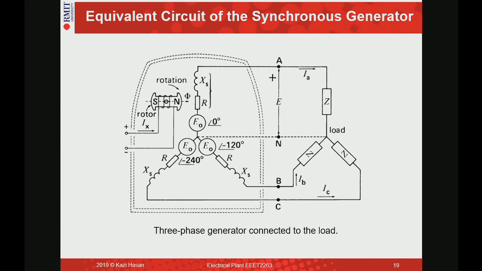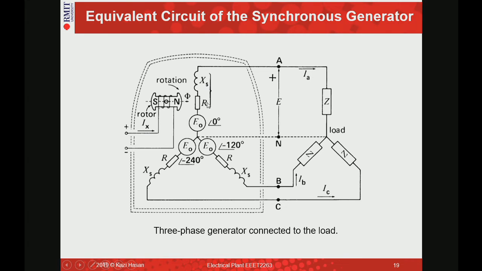And particularly in these generator cases, later if you go through some of the mathematical problems or some data sheet, you will see that the resistance of this machine is 100 times lower than the inductance. So you see R and XS here. R is much, much smaller than XS. How much smaller? It could be 100 times smaller.